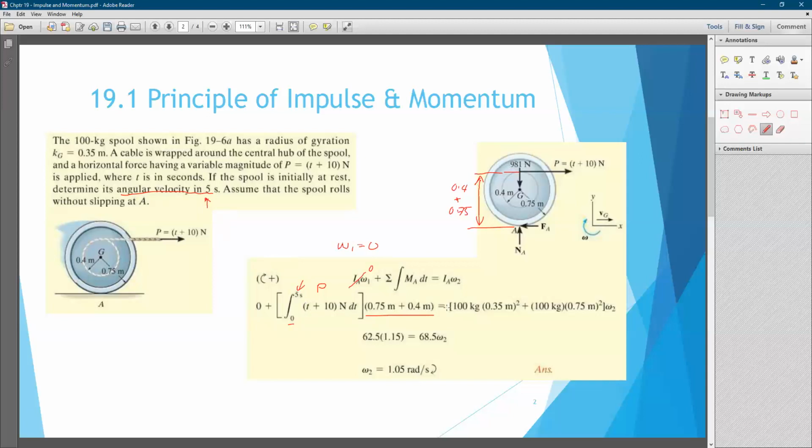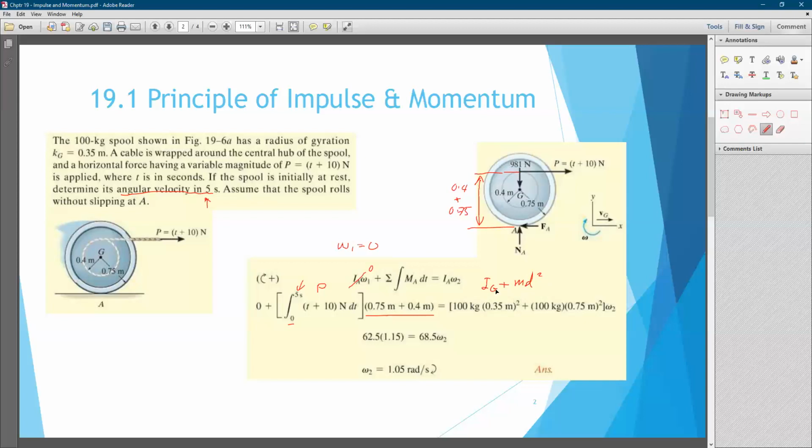Then that is equal to the mass moment of inertia of this particular spool. Here we know that we want to measure at this point A, I_A. So here what we have is I_G plus M D squared.